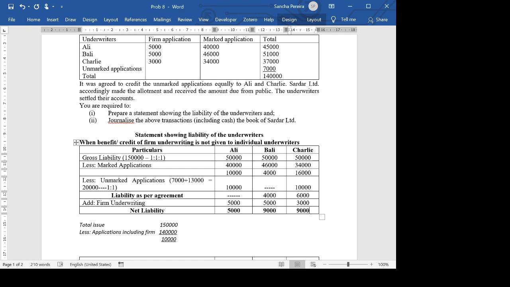So in case of Ali, the total shares to be taken up are 5,000.